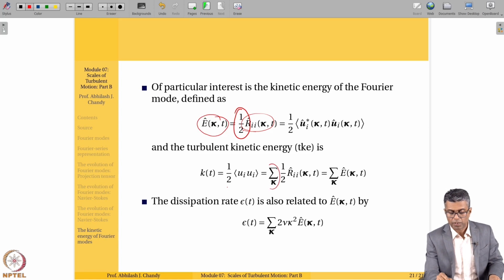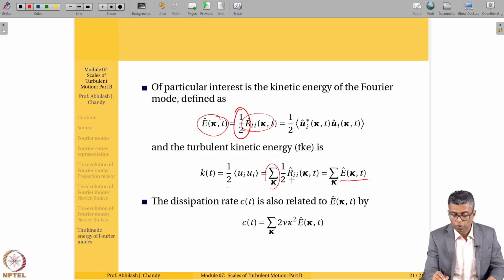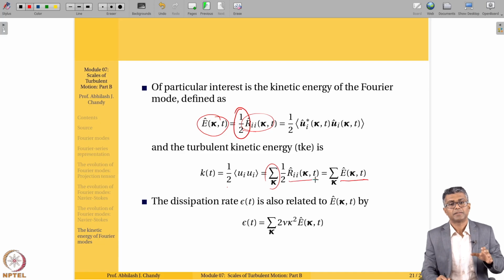We sum half Rii of kappa comma t over all wave numbers, which is the sum over kappa of E hat of kappa comma t. So this is the kinetic energy for each Fourier mode. This is the covariance for each Fourier mode. And if you sum it up over all the wave numbers, you get the kinetic energy.